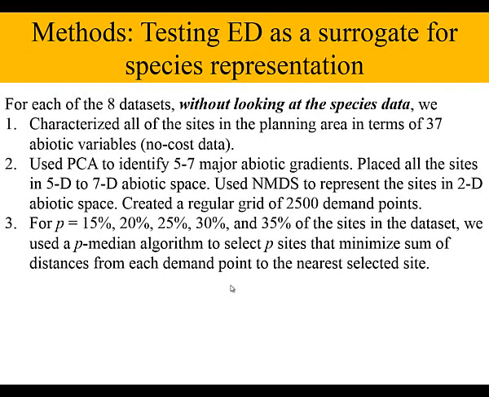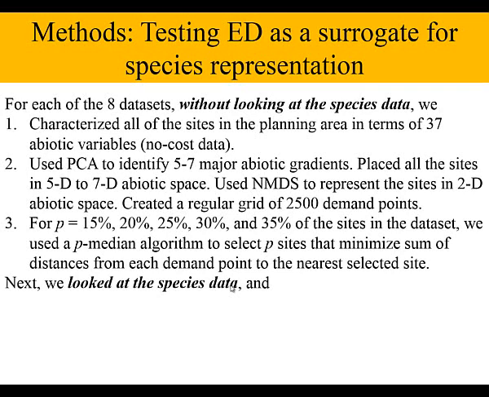reserve sizes. So we figured nobody's going to conserve probably more than 35% of a landscape, so we're not really interested in evaluating above that. The world currently is averaging about 13% of terrestrial land area conserved, so we just checked for 15, 20, 25, 30, and 35% of sites in the data set. How well does the environmental diversity do?